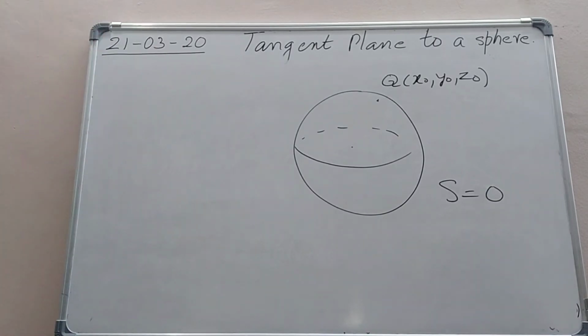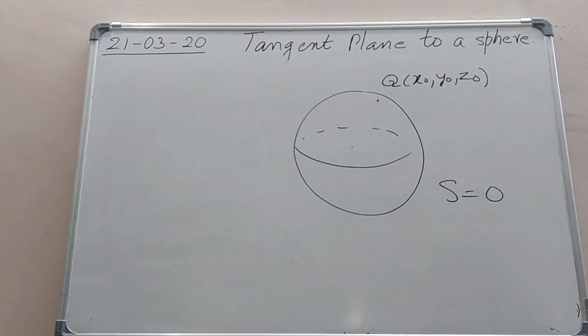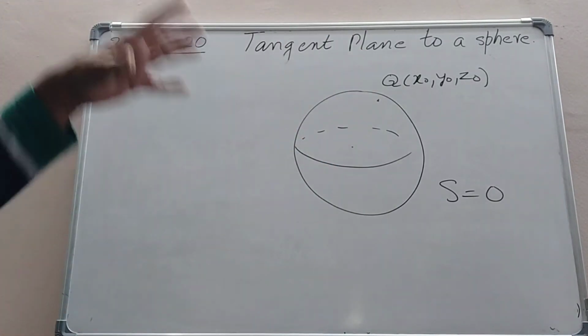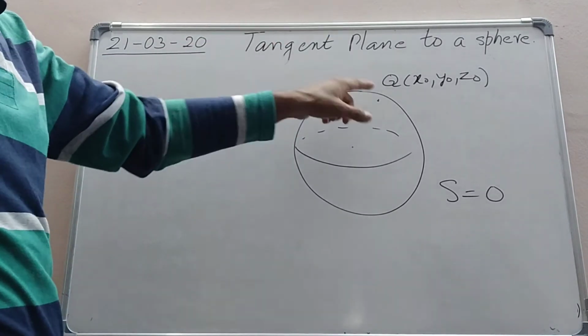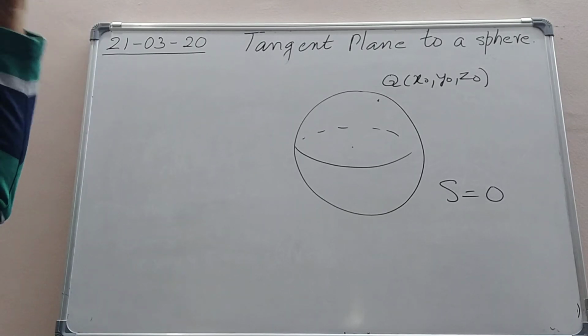What will be the definition of a tangent line? A line which touches the sphere at this particular point. A line which meets the sphere exactly at this point. Now, how many such lines are there? There's no unique line.